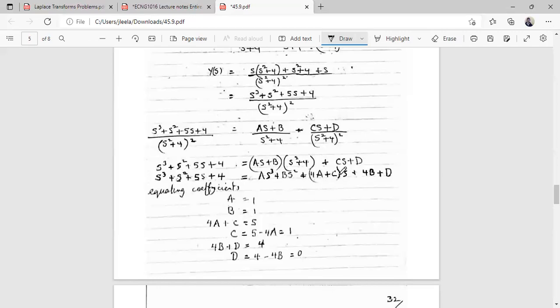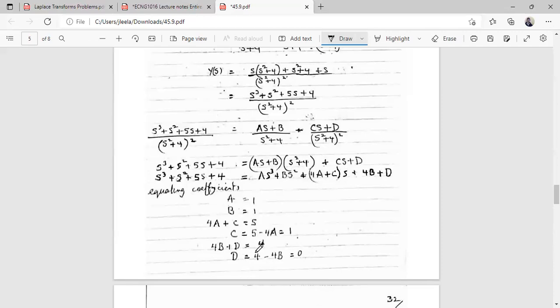The coefficient here of s would be 4a plus c. Coefficient of s here is 5. So 4a plus c is 5. So c will be 5 minus 4a, and we know a is 1, so 5 minus 4 is 1. 4b plus d will equate to the constant 4.